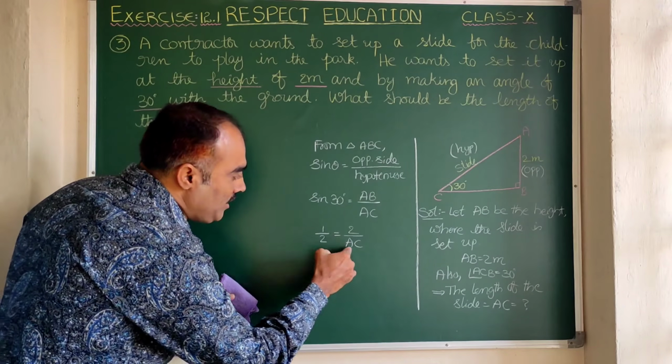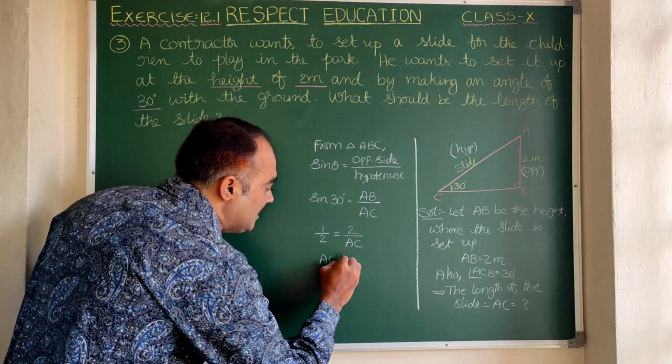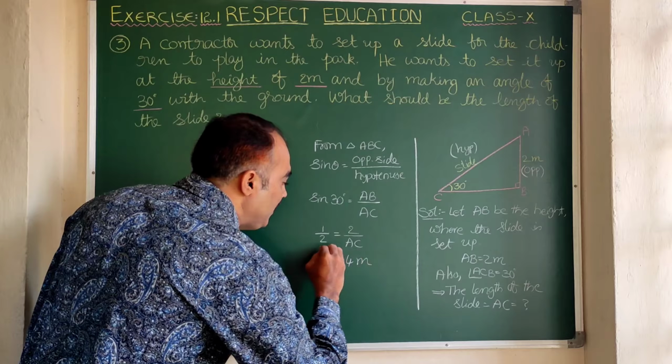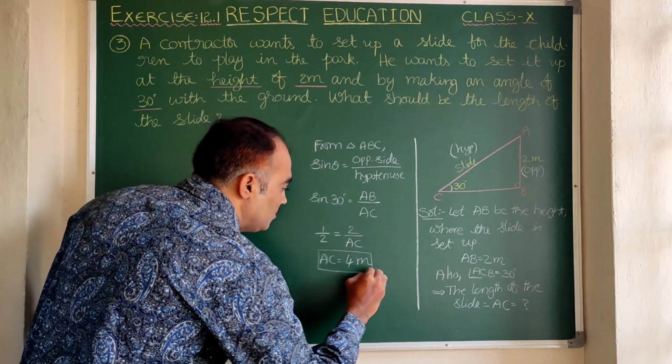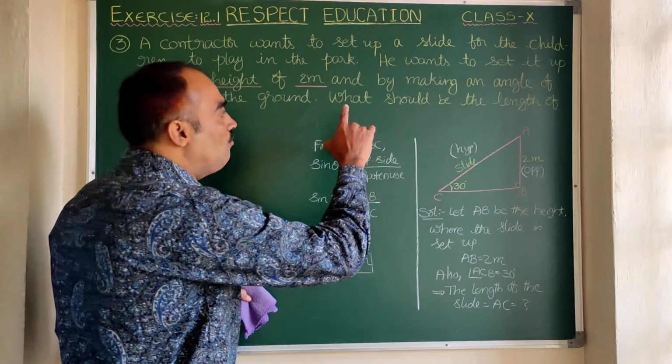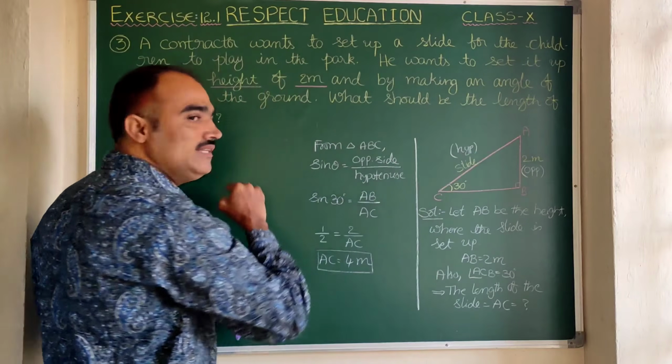On cross multiplication, 1 into AC is equal to AC, and 2 into 2 is 4. So we can write 4 meters. So we can conclude, see the question, what should be the length of the slide?